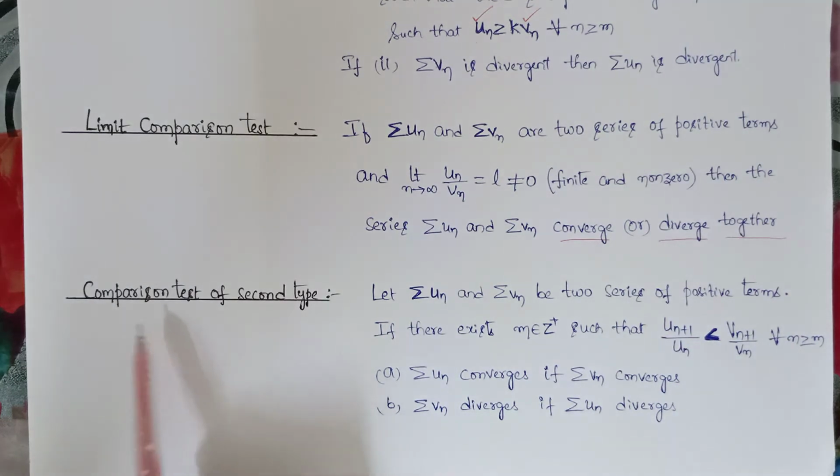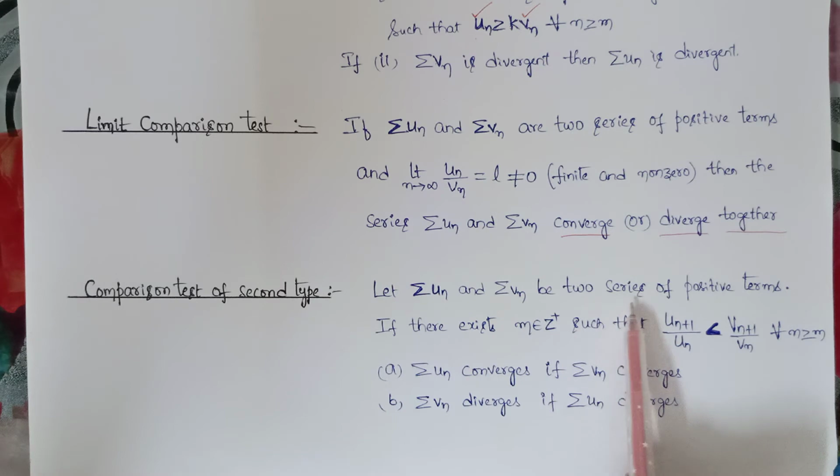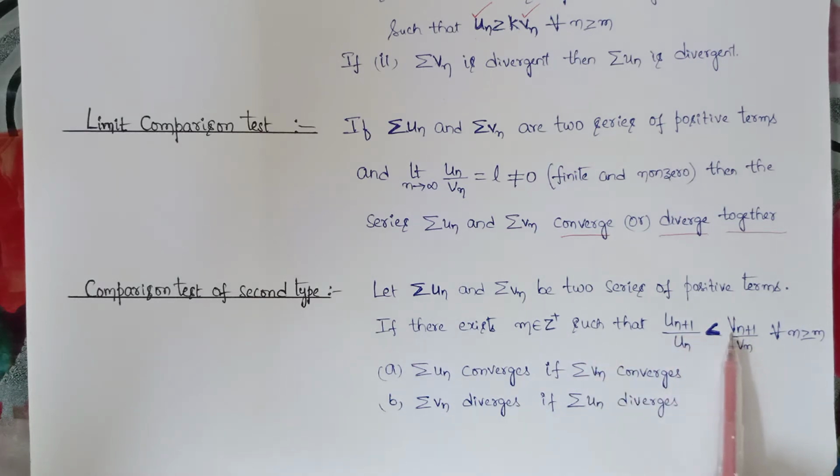Next test, comparison test of second type. Let sigma un and sigma vn be two series of positive terms. If there exists m belongs to Z plus such that un plus 1 by un less than vn plus 1 by vn for all n greater than or equal to m.